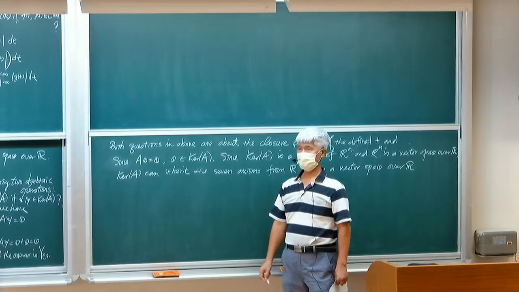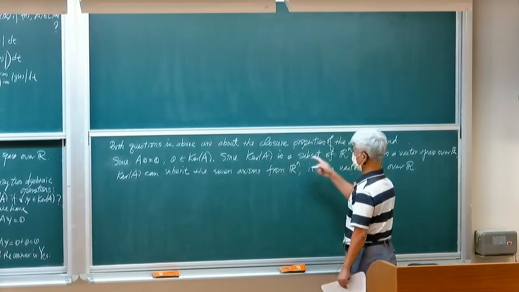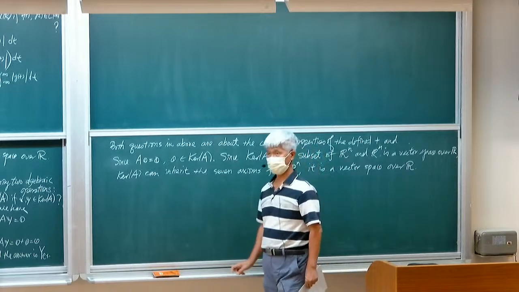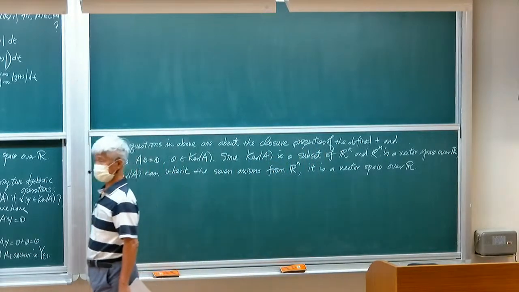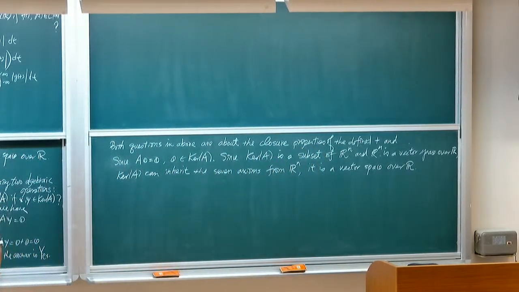If the 0 vector of Rn is not in the kernel of A, then you have to find another vector in the kernel of A, which is not the 0 vector, to serve as the 0 element, right?